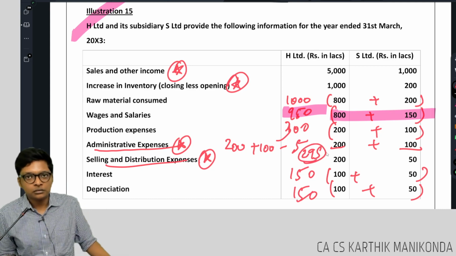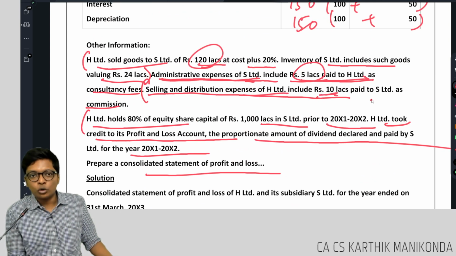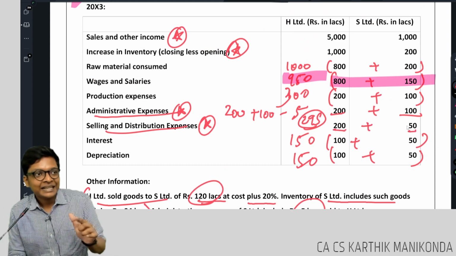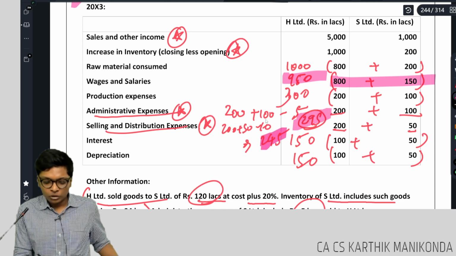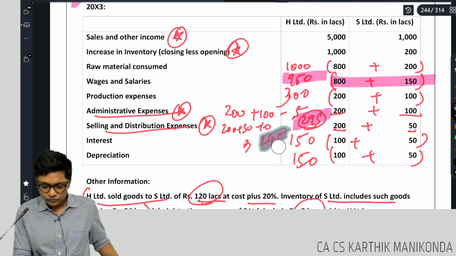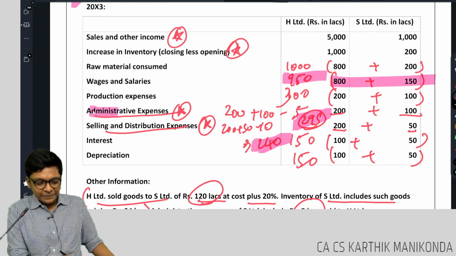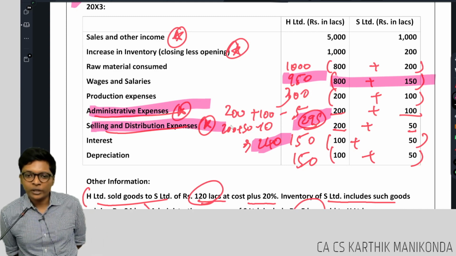Similarly, for selling expense, expense of H include 10 lakhs paid to S. So I will do 200 plus 50 minus 10. You get how much, guys? 240. These two are done. So we are done with admin expense. We are done with selling and distribution expense. Sharon, understanding? Everybody following? Ashwin, getting it?